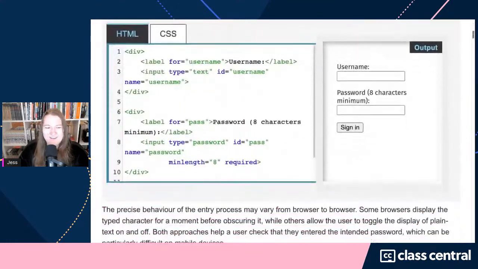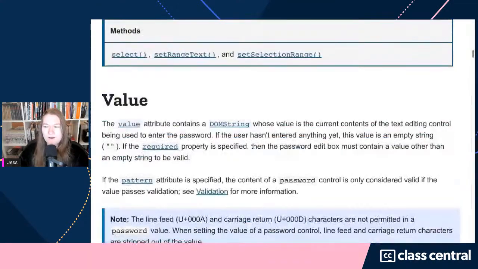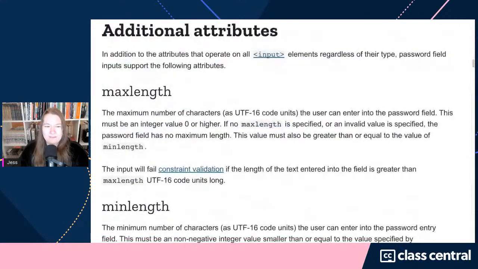We're going to come down to maximum length. So maximum number of characters, which are UTF-16 code units. That's the type of characters we can pass in. This has to be more than 0. That makes sense. But it says if no max length is specified, or if you get an invalid value, so if I say the max length is set to the unicorn emoji, that's an invalid value, that's not going to work, the password field has no maximum length.